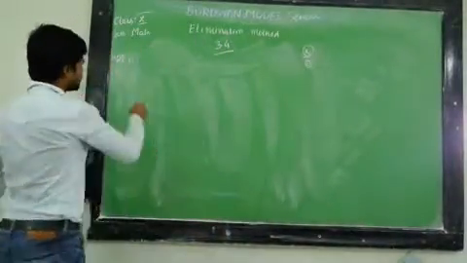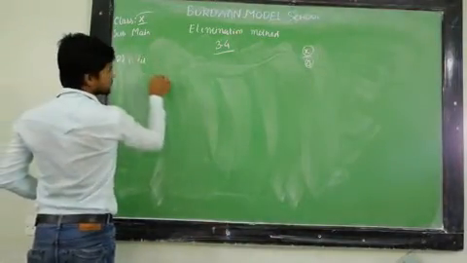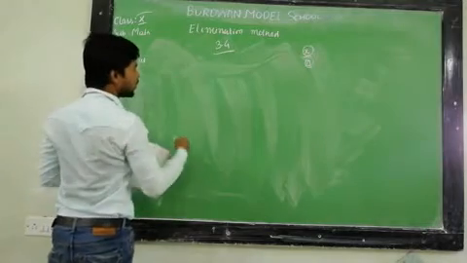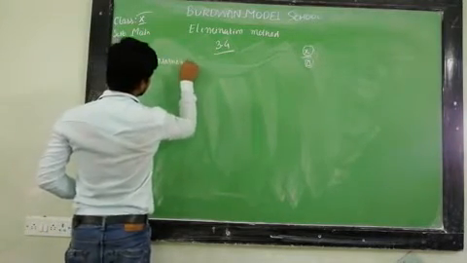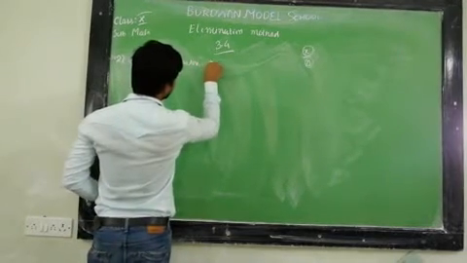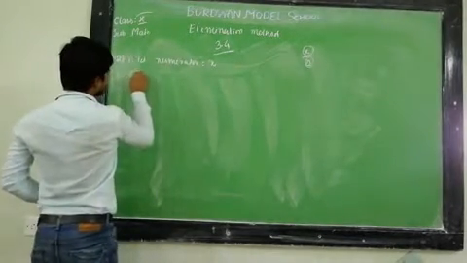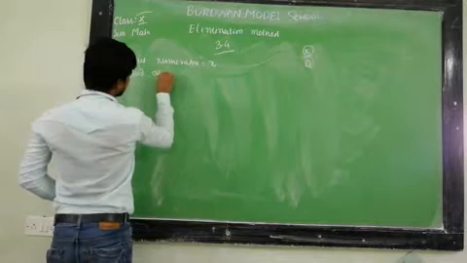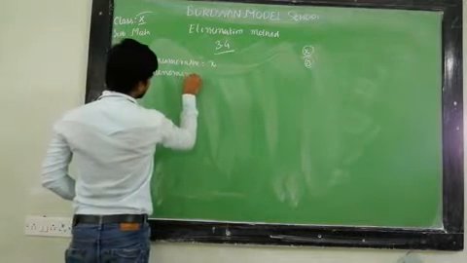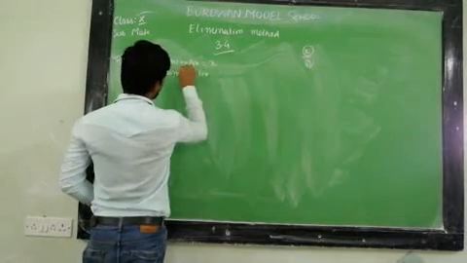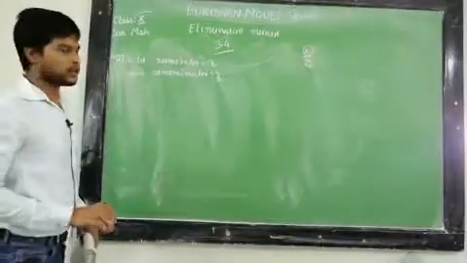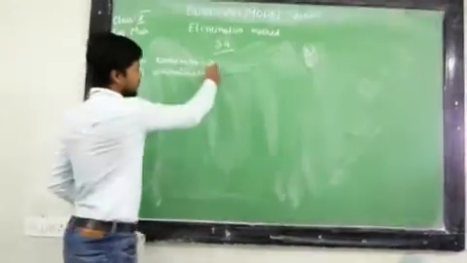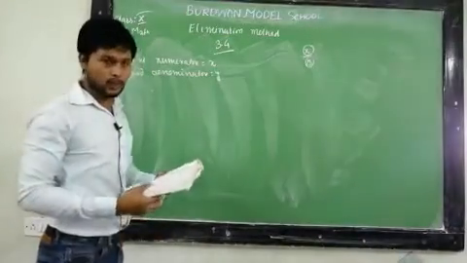So we consider, let numerator is equal to x and denominator is y. Okay, so therefore the fraction will be x by y.